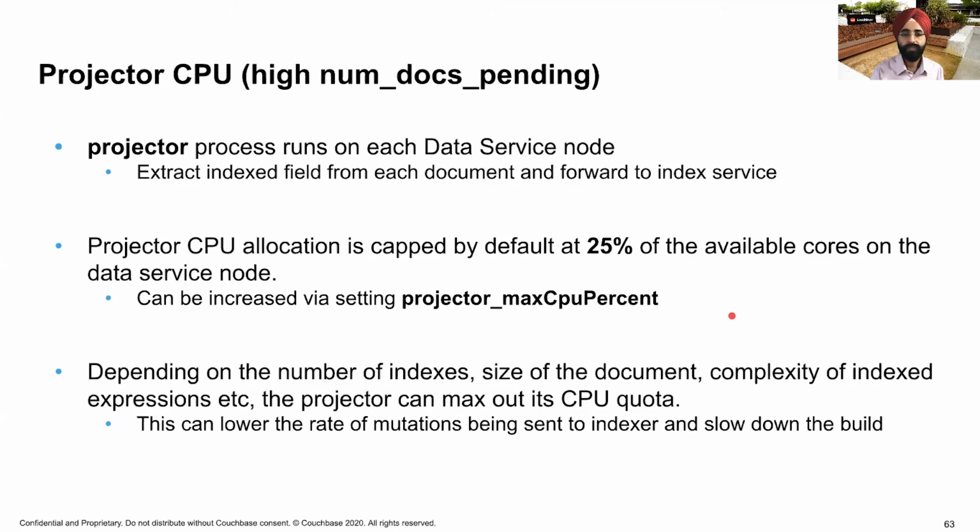And if this is saturated, then it can lead to high numdocs pending, where indexer is not getting enough to index. This can be increased via a setting change, which is projector max CPU percent.